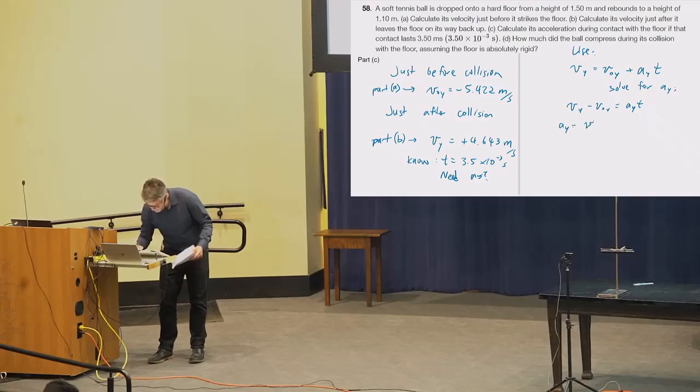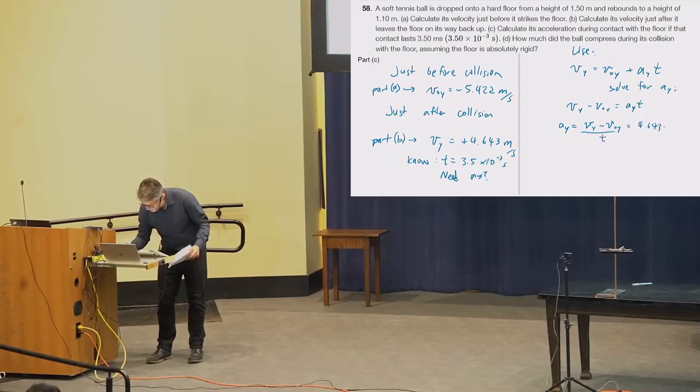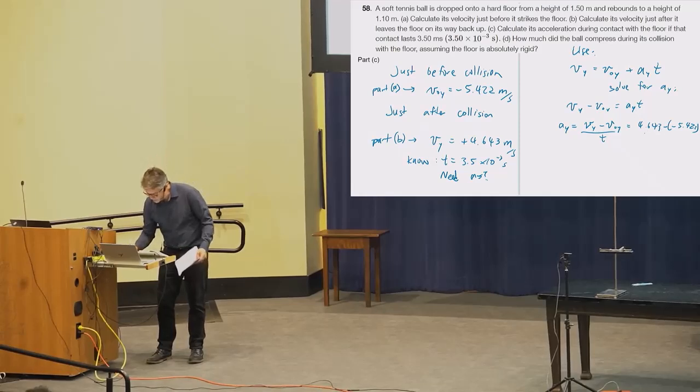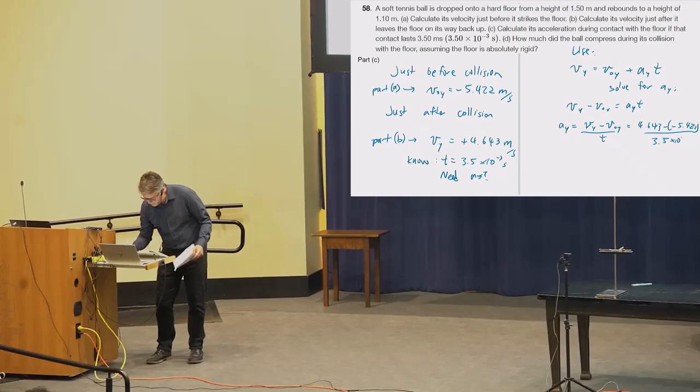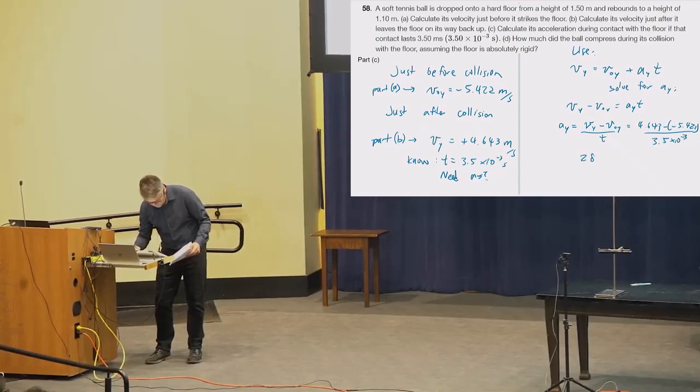Acceleration is the change in velocity divided by the time. So you get 4.643 minus negative 5.422. So that's going to be adding those two numbers and divided by 3.5 times 10 to the minus 3. And I get something huge, 2876 meters per second squared.